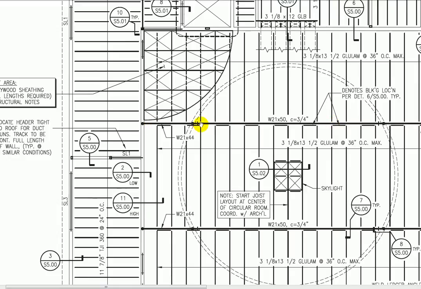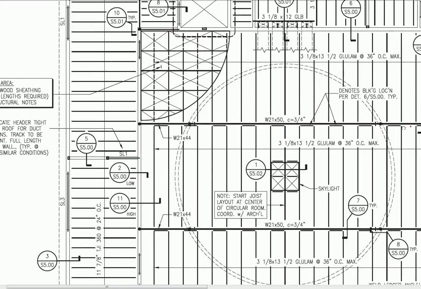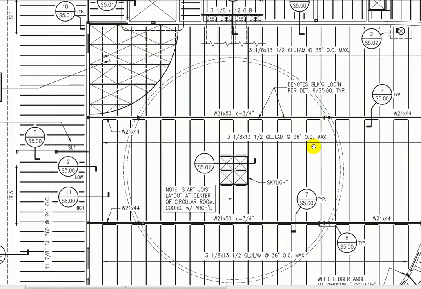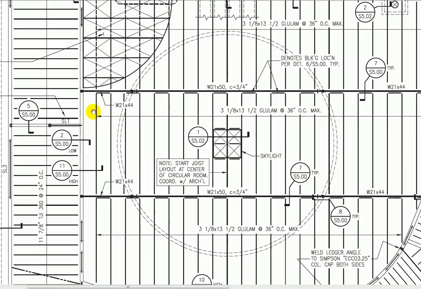It looks like this little symbol here stops, so it's a W21x44, runs over the column, and then there's a splice and another splice there, and then we have these 3/8 inch by 13.5 inch glue laminated beams going between here. So I'm looking at this, I know this is kind of a great room.